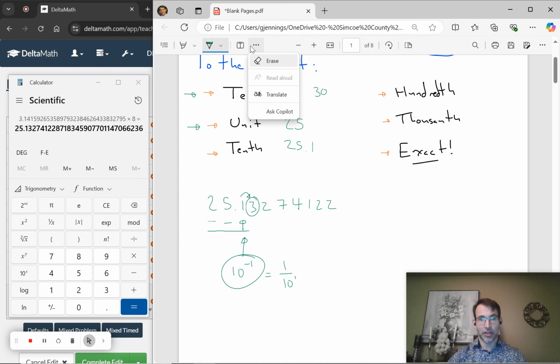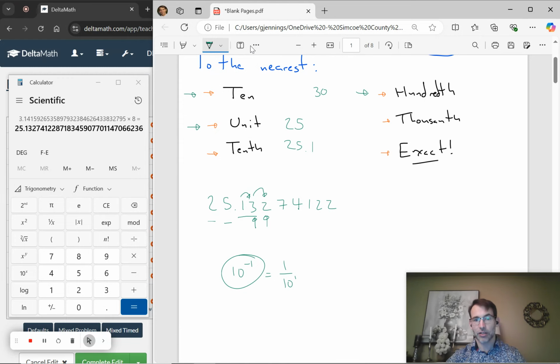On the other hand, if I'm rounding to the nearest hundredth, over here, that would be 2 past the decimal place. So I look at this one, I see that it's less than 5, so I keep that. So this would be 25.13.